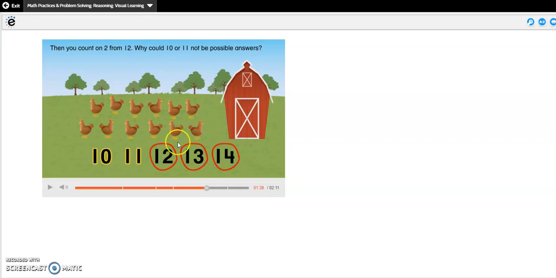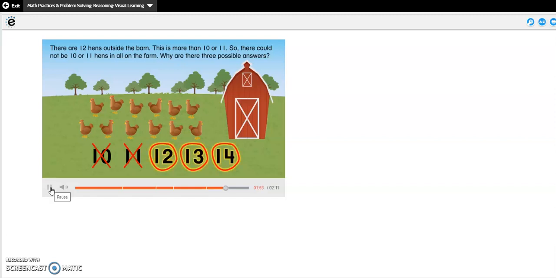I think we would be adding, and when we're adding, our numbers get greater. It's counting on, like we do in the morning during counting the day of school. There are 12 hens outside the barn. This is more than 10 or 11. So there could not be 10 or 11 hens in all on the farm.